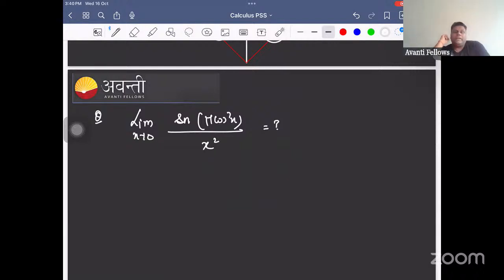Sine of pi cos square x upon x square, limit x approaches 0. Yes, everybody please.